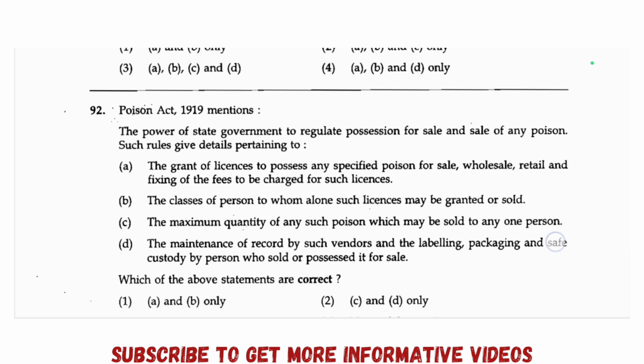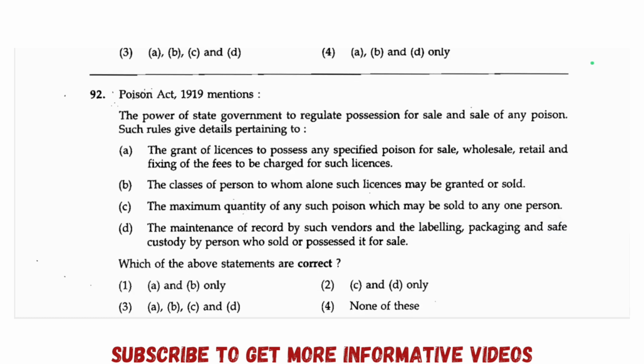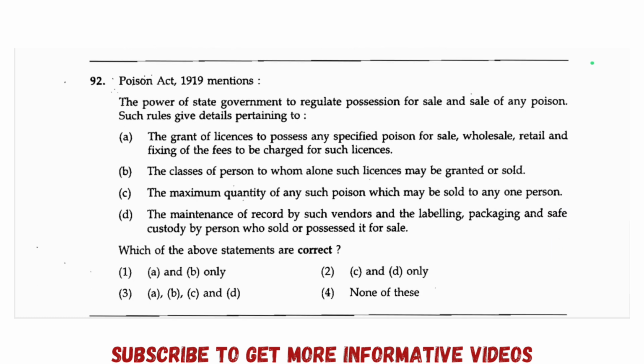Next, the Poisons Act 1919 mentions the power of state government to regulate possession for sale and sale of any poison. Such rules give detail pertaining to, options are: A, the grant of license to possess any specified poison for sale, wholesale, retail, and fixing of the fees to be charged for such licenses.